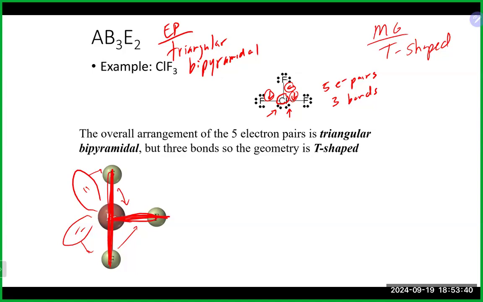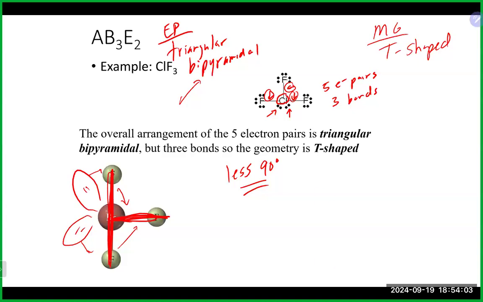So it looks something like that. That T shape has a bond angle of a little less than 90 degrees. Again, a little less than what we see with our triangular bipyramidal here.